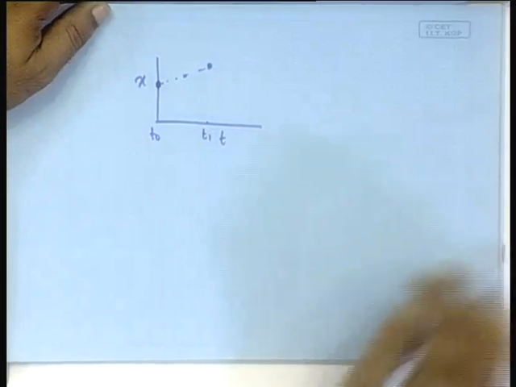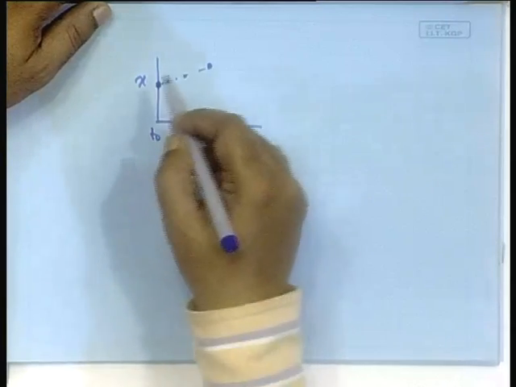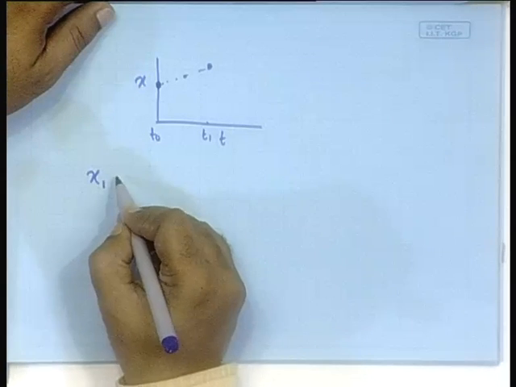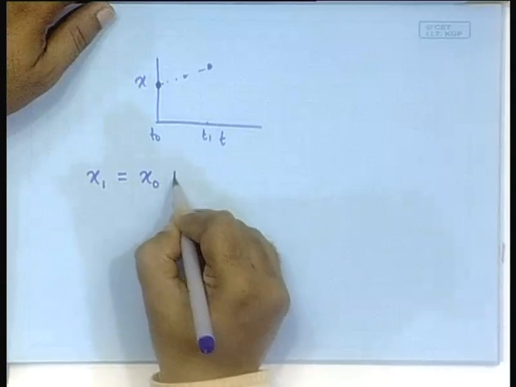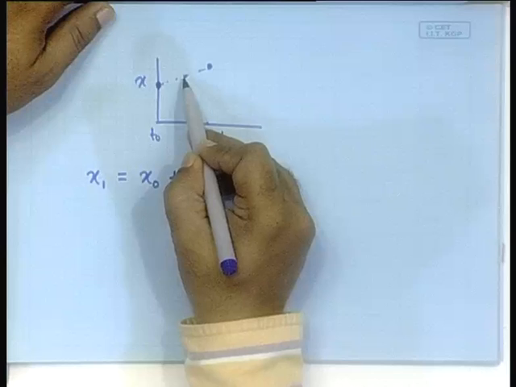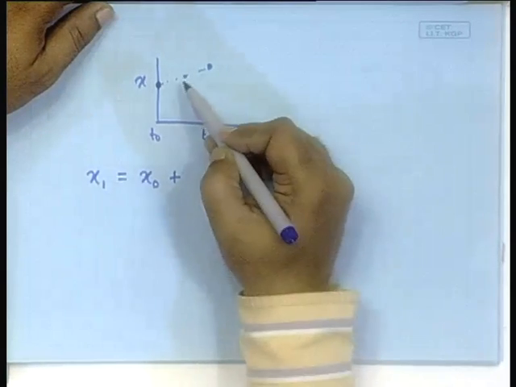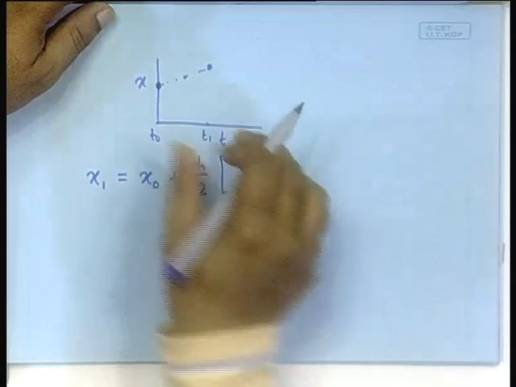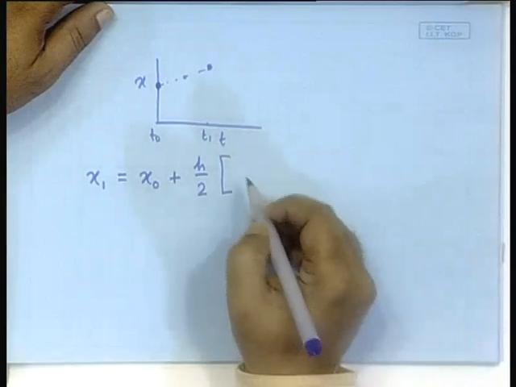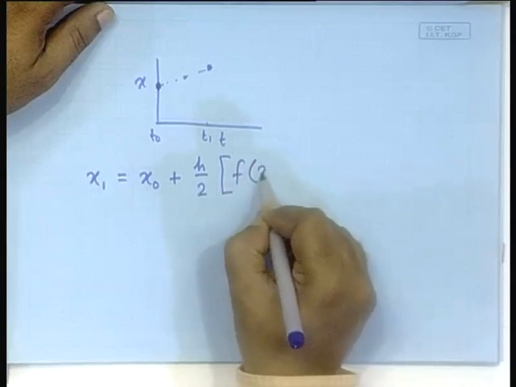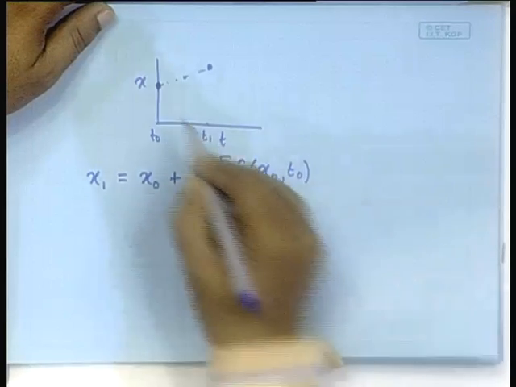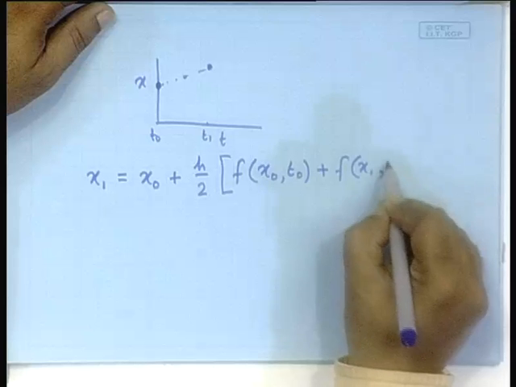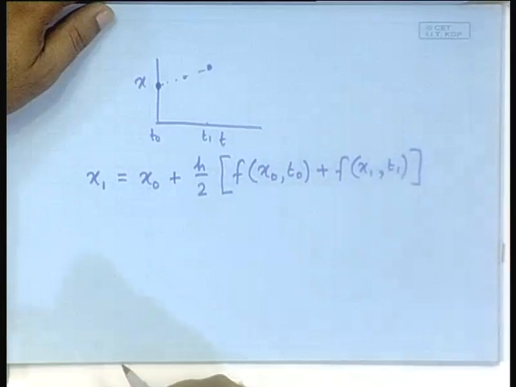So, in that case our solution at x 1 becomes, x 1 will become x naught plus, this is the total h, this is h by 2 times, then we have to take the average, it is f of x naught t naught, this one, plus f of x 1 t 1, right.